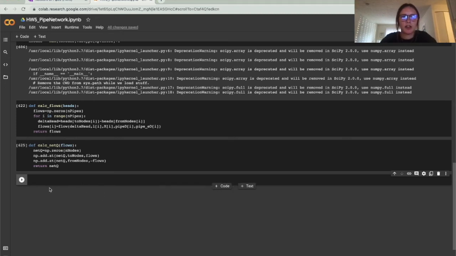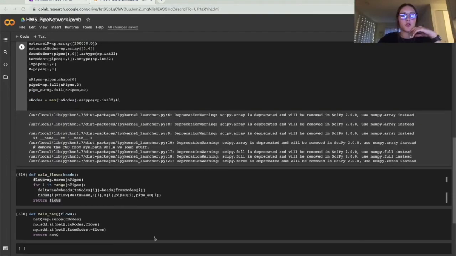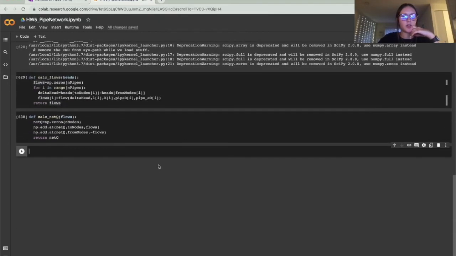So then after this, we are going to make a function that is going to find the roots of the net flow for all of the internal. So the next thing we want to do is calculate the net flow of the internal nodes. So we're going to make another function.